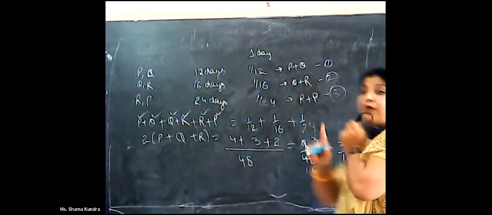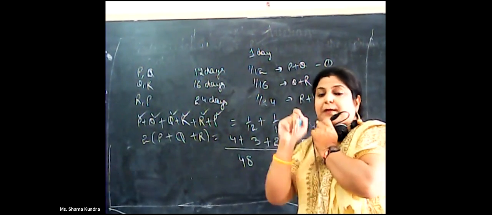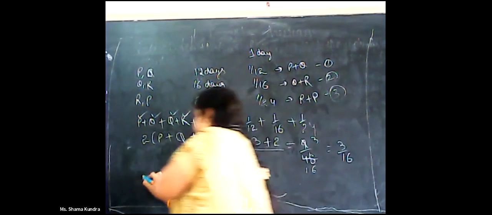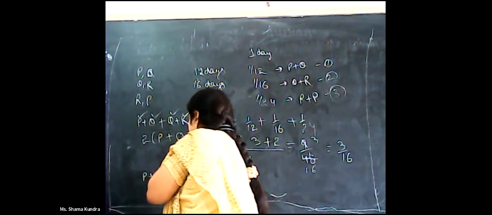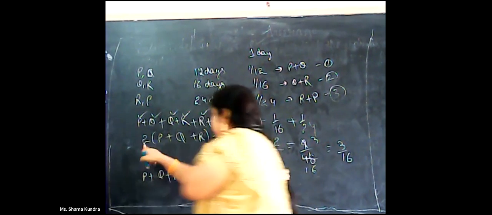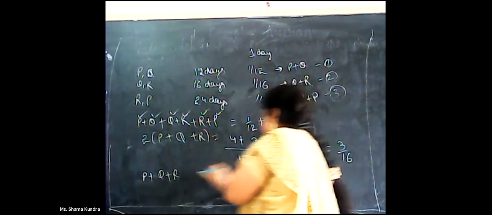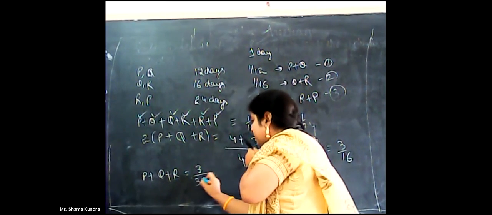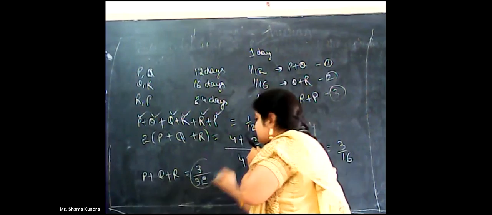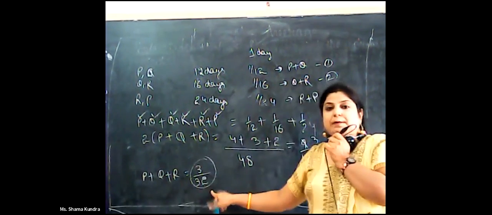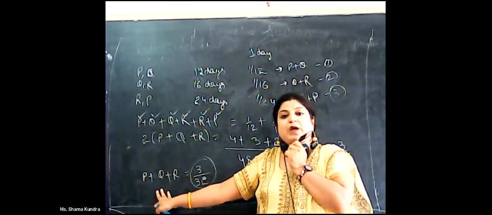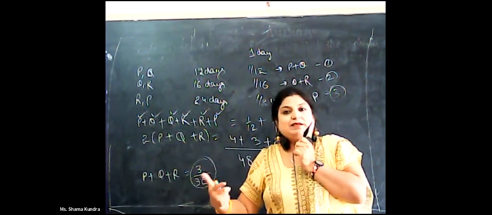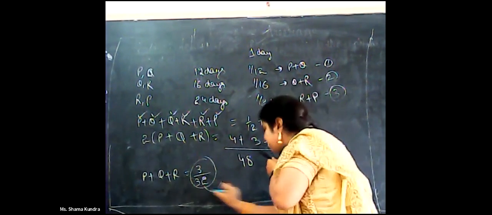But I want one times, means one day work of P, Q, and R. How much amount of work they will do when they come together. So take this 2 on right hand side. You will get 3 upon 16 into 2, 3 upon 32. So this much amount of work is done by P, Q and R in one day. But I want in how many days? Simply invert.